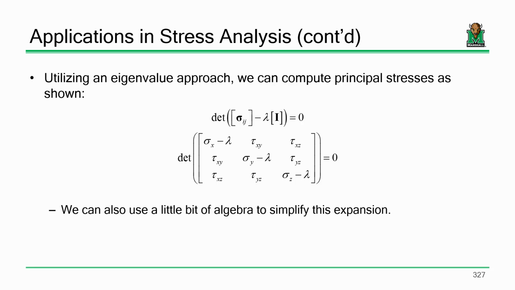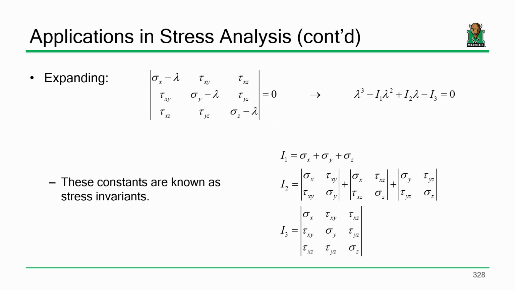Now, if you used the rule of Sarrus on this 3 by 3, multiplied this out, and had a big whiteboard and did all the algebra, you can actually simplify it a little bit. If you take this determinant and expand everything out, you can generate a polynomial expression that looks like this.